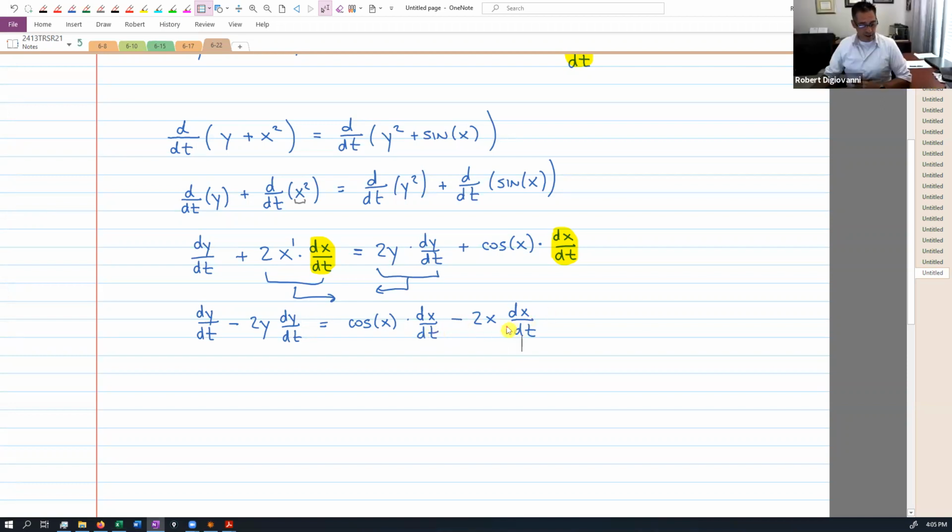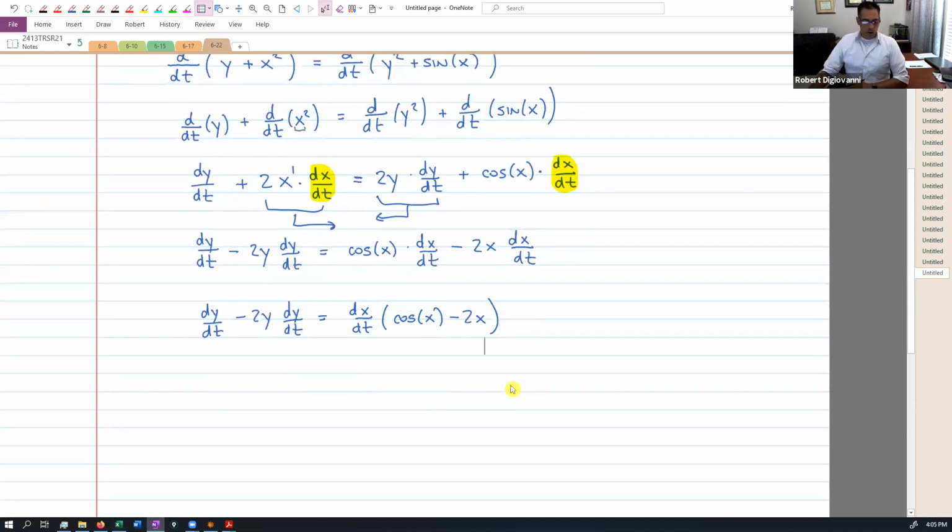Factor dx dt out. Almost there. Cosine x is left when we factor it out here, and then minus 2x is there. Finally, we will divide.